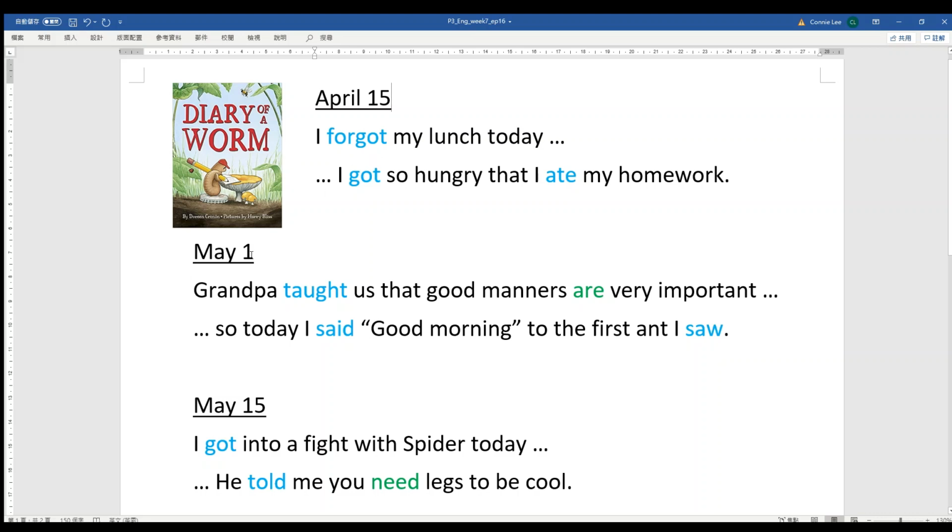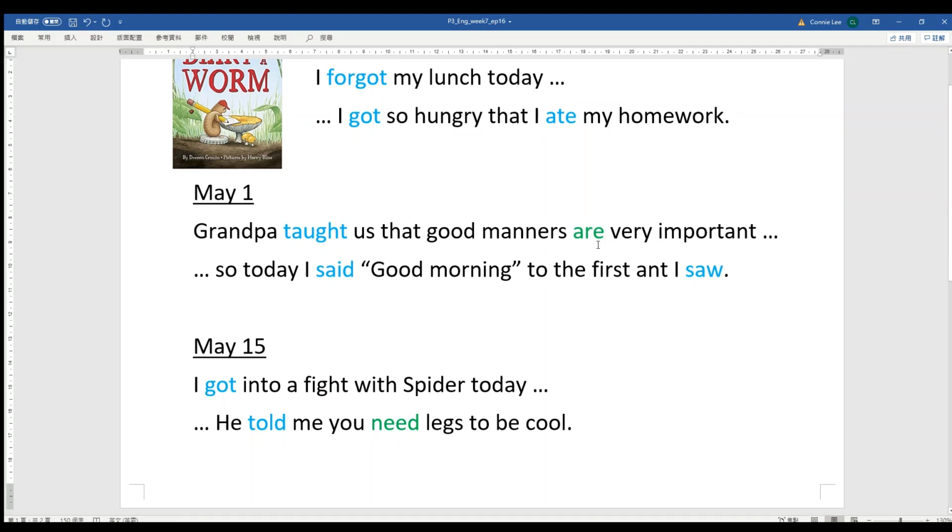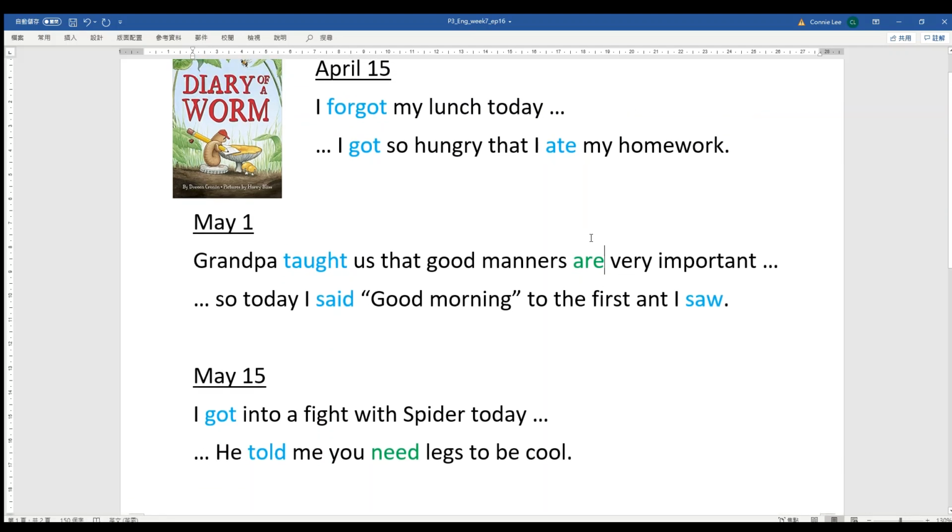And May the 1st, Grandpa taught us, I said good morning to the first ant I saw. Notice that "are" is used as present tense even in the diary, because good manners are all the time very important. So it does not mean only we need good manners in the past. Good manners are, as a fact, always very important.